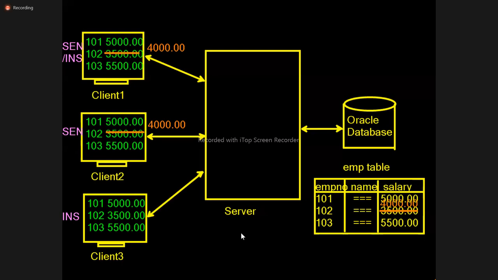For that application, sensitive record or insensitive record? Sensitive. Immediate effect required. Those who invested money in the share market, what will they do? Every second they observe, even while sitting in a taxi or going on the road. That value increased, decreased. Immediate effect required.